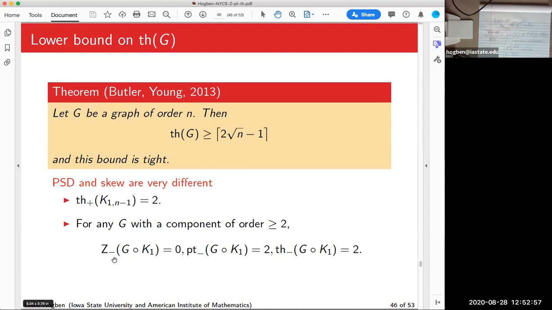And the skew forcing number of any graph corona K1 is 0, and the propagation time is 2, so the throttling number is 2. So there, you can have arbitrarily large graphs with throttling number 2 for propagation for PSD and skew.